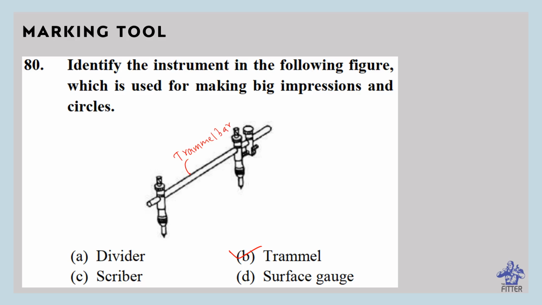Two sliding heads are attached to its beam and can be set at any place by a screw fixed with the head. These are the sliding heads. These are two.